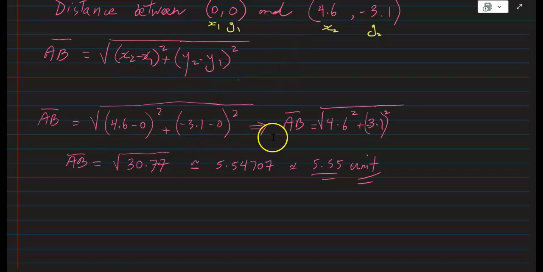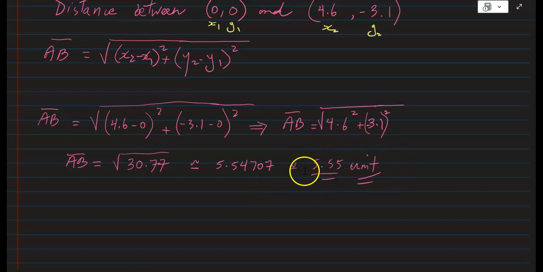And then when you plug numbers in and simplify, you will end up getting 30.77 under the radical sign. Remember, the negative 3.1 squared will be positive. When you take the square root of that, you get approximately 5.54707 and more, but I just wrote it down to 5 decimal places.